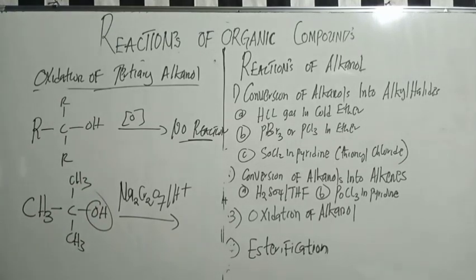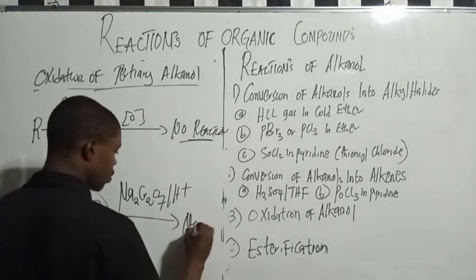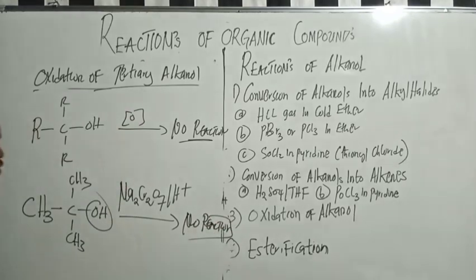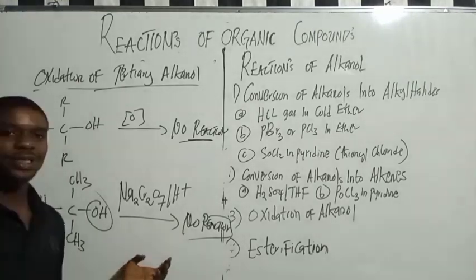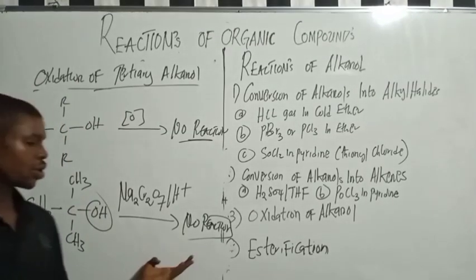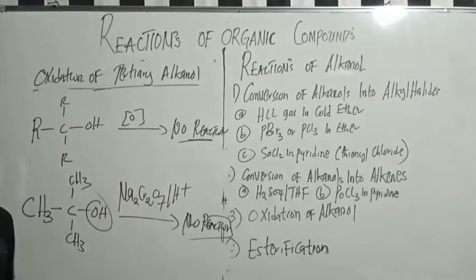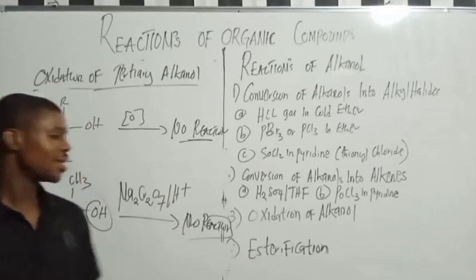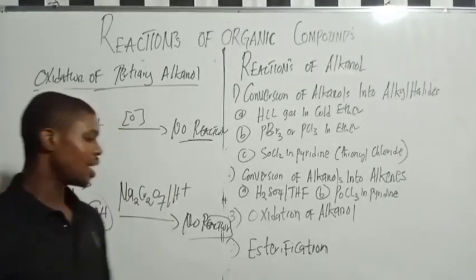There is no result. So no reaction. Oxidation of a tertiary alcohol with any of the oxidizing agents, no result is formed. Do you get that? So we have done oxidation of primary, secondary, and tertiary.